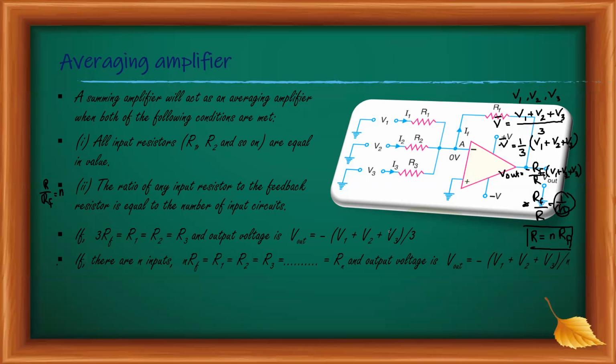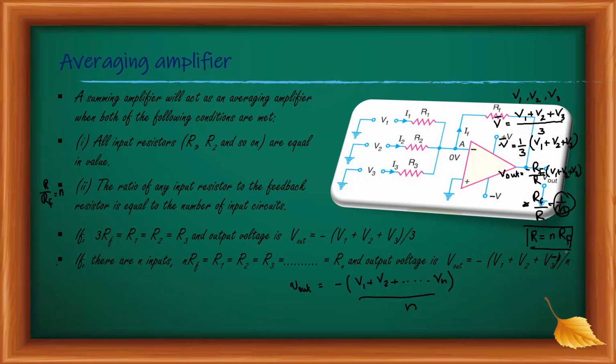So if there are n inputs, n RF must be equal to R1 equal to R2 equal to R3 up to Rn. Then the output voltage V out must be equal to minus (V1 plus V2 plus, etc., up to Vn) divided by n.